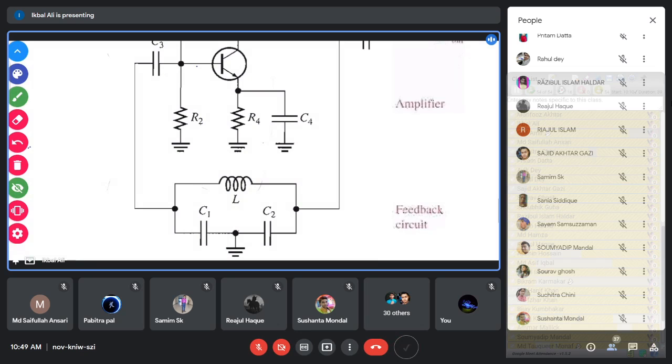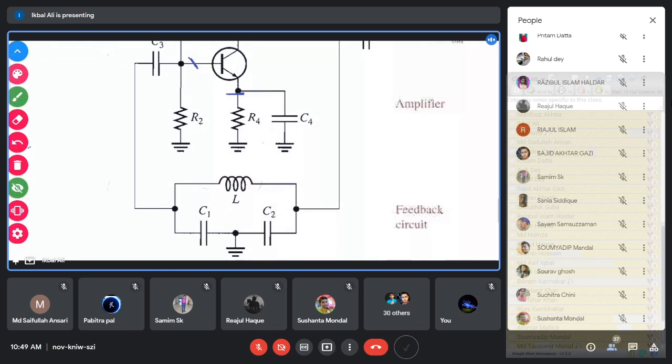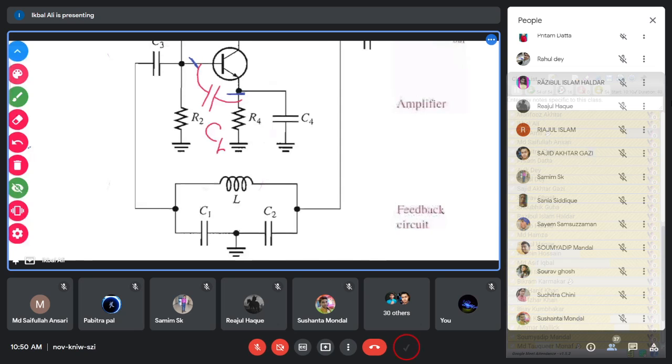So between base and emitter, you have a capacitor, because there is a PN junction between base and emitter. Let us call this capacitor CBE, where B is the base and E is the emitter.